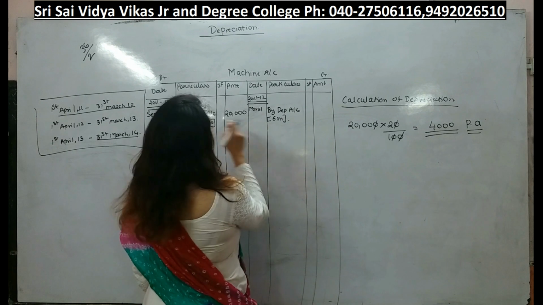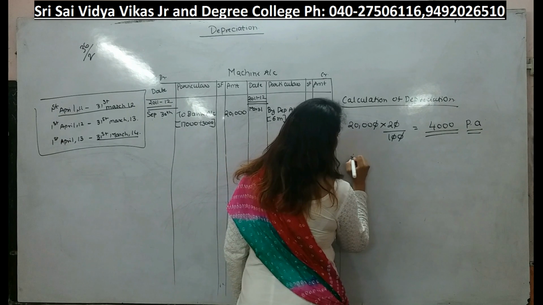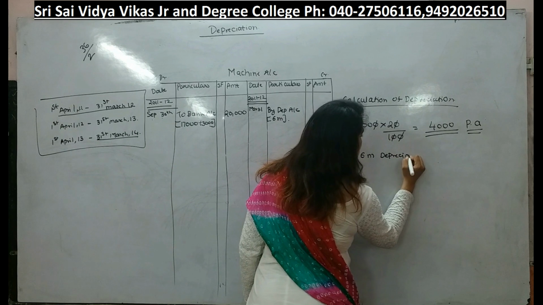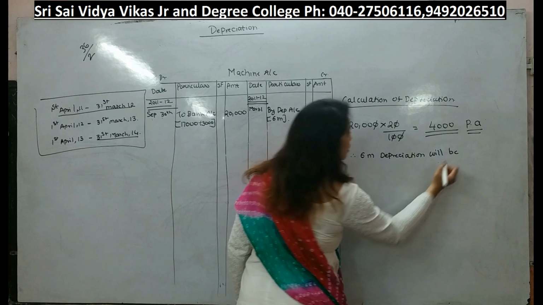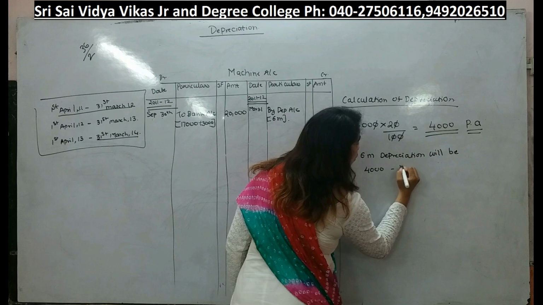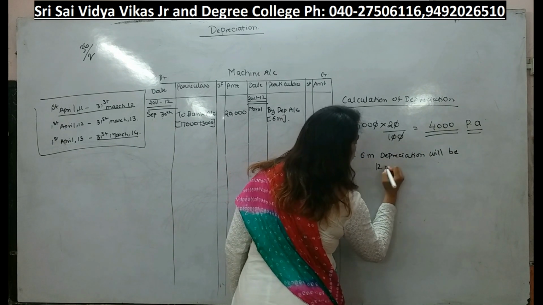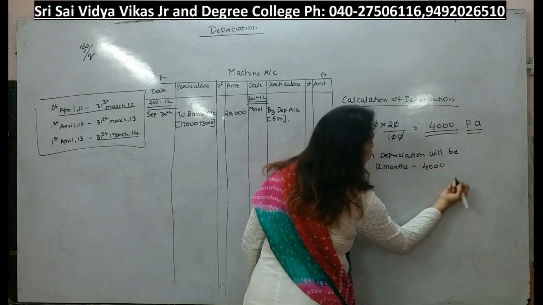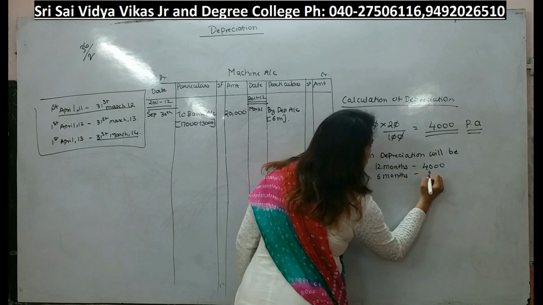But in the first year we have used the asset only for 6 months, right? So for 6 months depreciation, how are we going to calculate? See, understand this, 4,000 is for 12 months, right? Thus for 6 months depreciation will be how much?